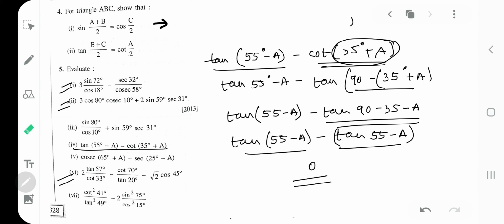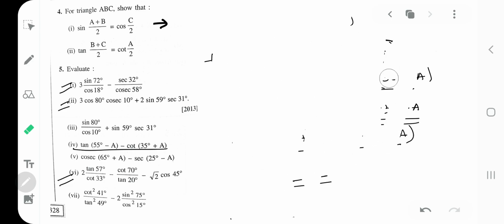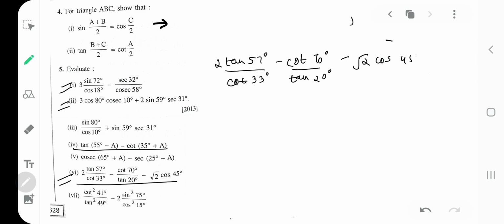Okay, I'll go for the next problem number 6th. We have 2 tan 57 upon cot 33 minus cot 70 degree upon tan 20 degree minus root 2 cos 45.